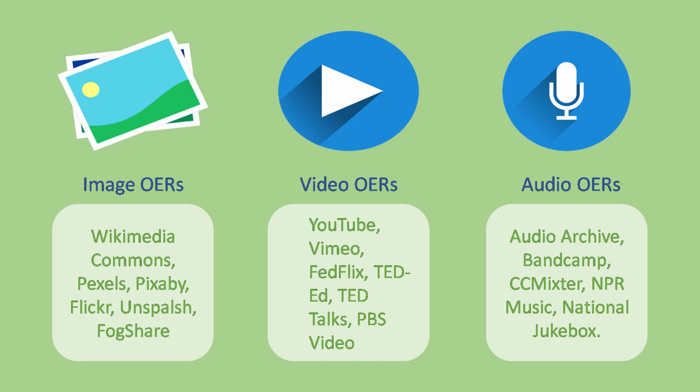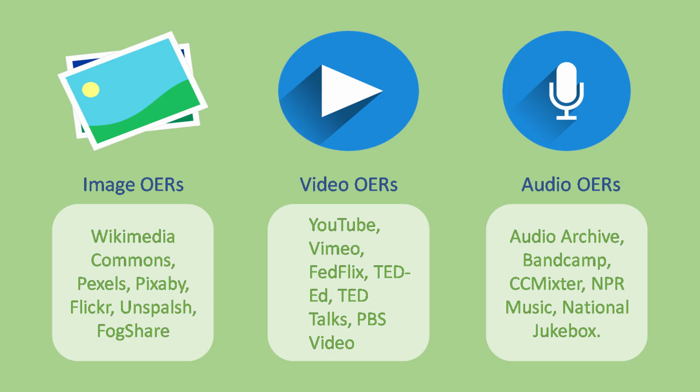So where will we get the OERs like image OERs, video OERs, audio OERs? Of course, there are some websites where you will not find any copyright issues, because they are already OER and you can reuse them for your teaching learning purposes.